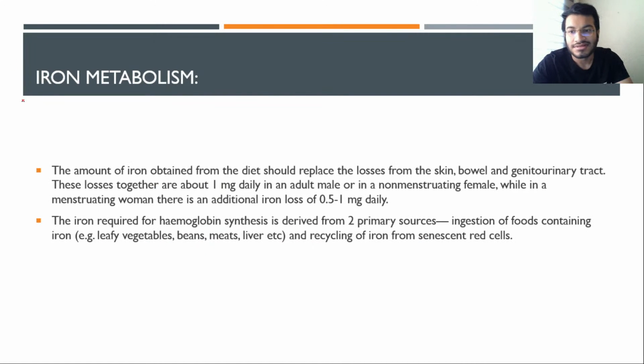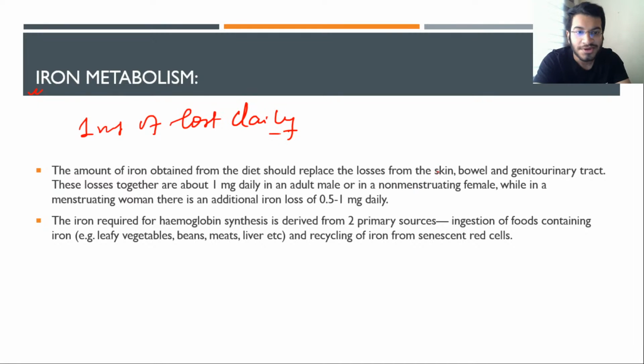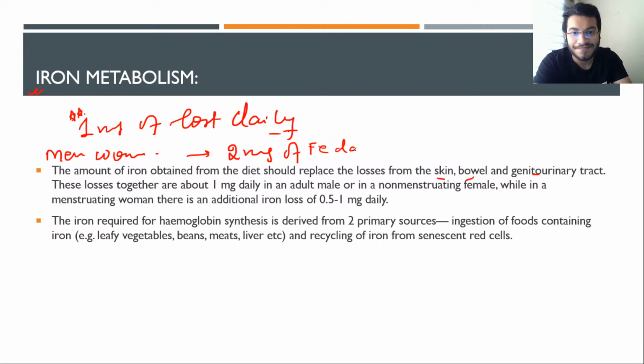Then iron metabolism. So 1 mg of iron is lost daily from your skin, bowel, genitourinary tract. 1 mg. And a menstruating woman loses around 2 mg of iron daily.